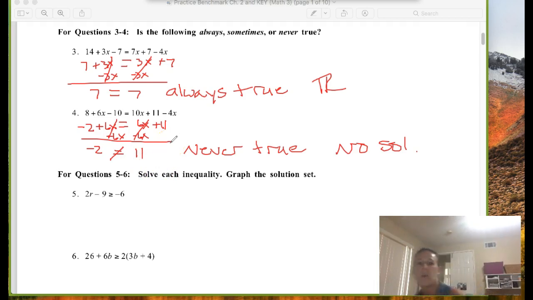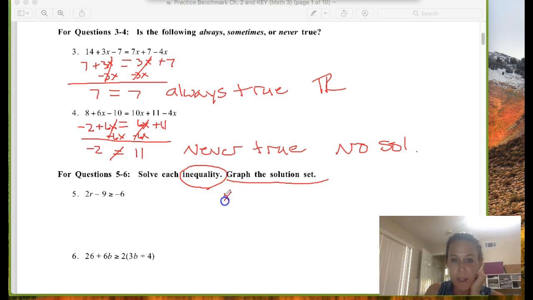Let's solve each inequality. Then we've got to graph the solution set. Don't forget this part. Okay. Solving this inequality, first I want to isolate the r. Just remember this: inequalities solve just like equations, with the exception of multiplying or dividing by a negative.